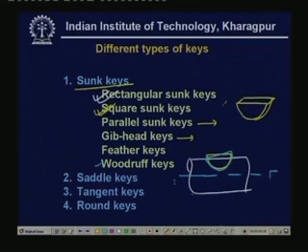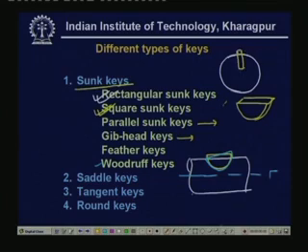But it has one drawback. The drawback is that there is a deep hole cut into this shaft. If this is the shaft cross section, then we have to cut a deep hole into it.